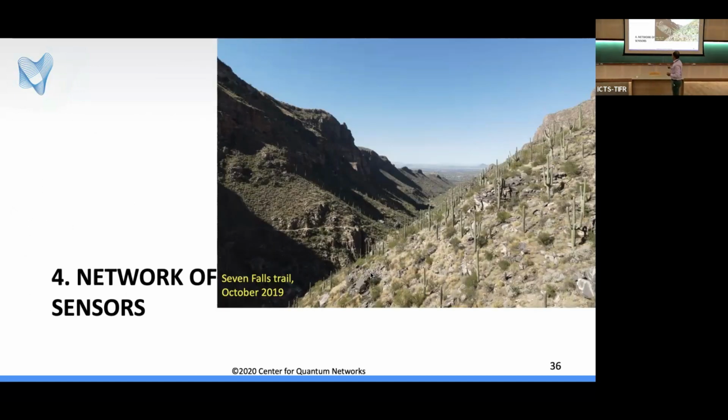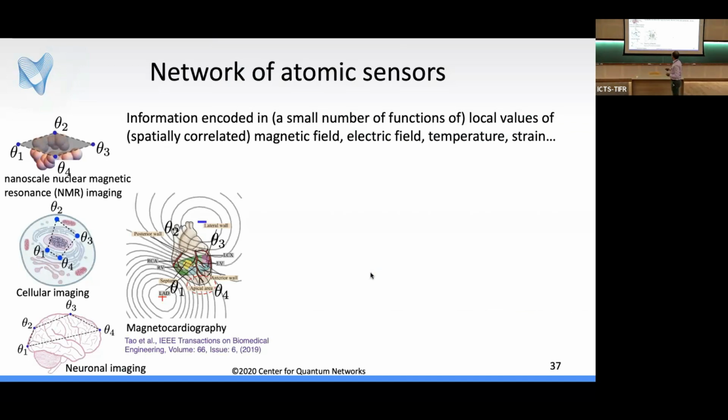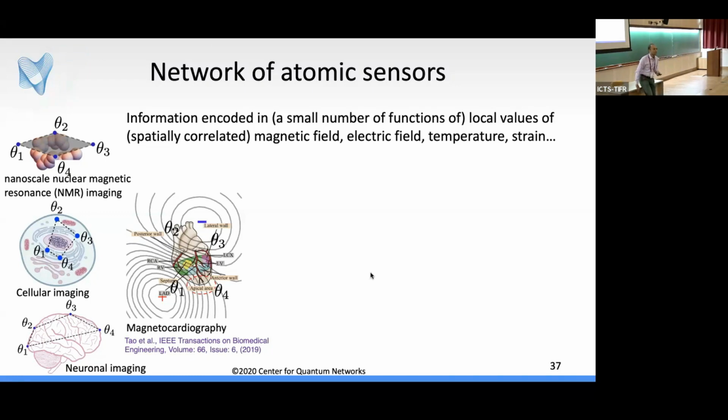Now, one of the things that happens is that there's a variety of different situations where you can imagine you have a bunch of sensors that are trying to sense the local field. It could be a magnetic field, electric field. And what you care about is not estimating those fields themselves. What you care about is some function of those individual local fields that you want to estimate.